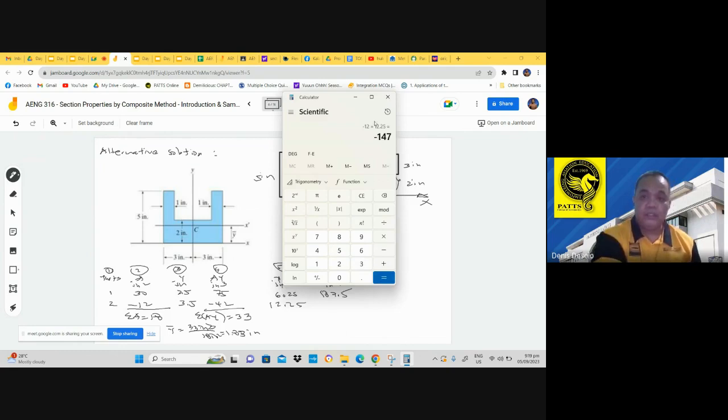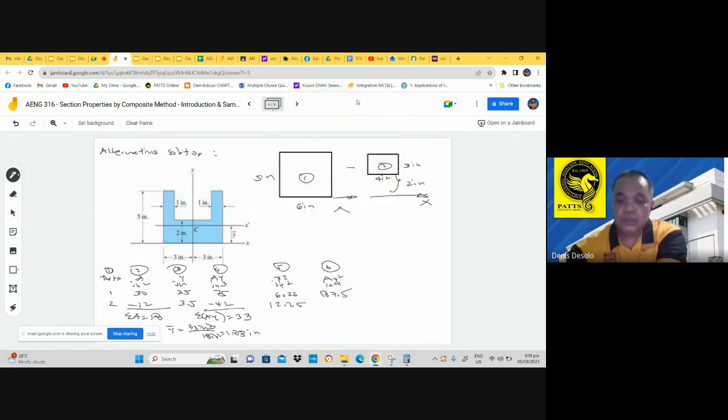You will get negative 147. We solve, this is 40.5. Okay. Last will be the I sub x of each rectangular part.